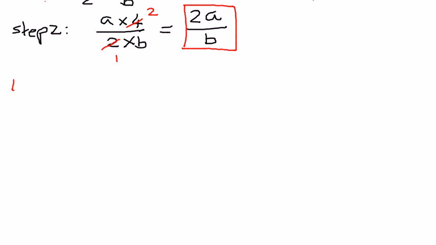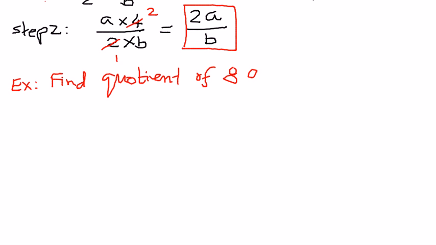In here we want to find the coefficient of 8 and negative 12 over 14. Let's say we have two numbers like that.